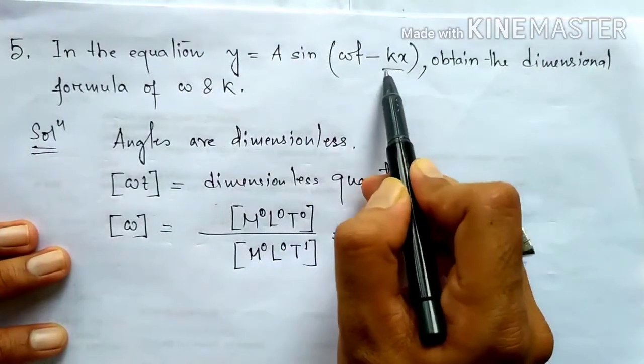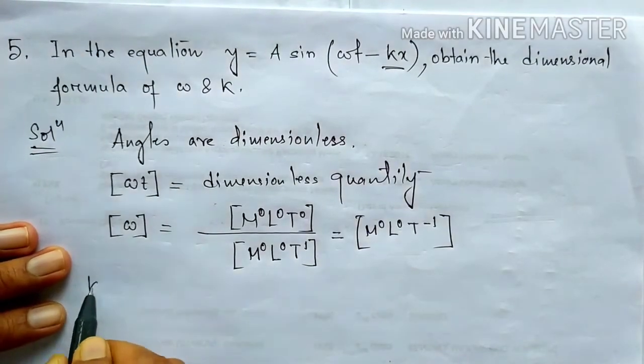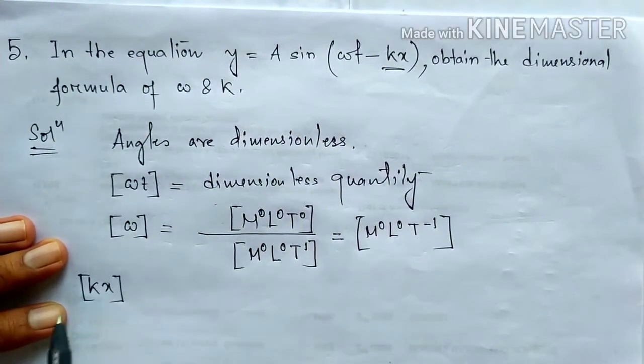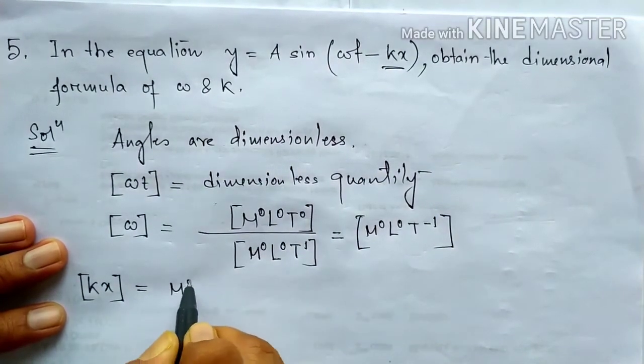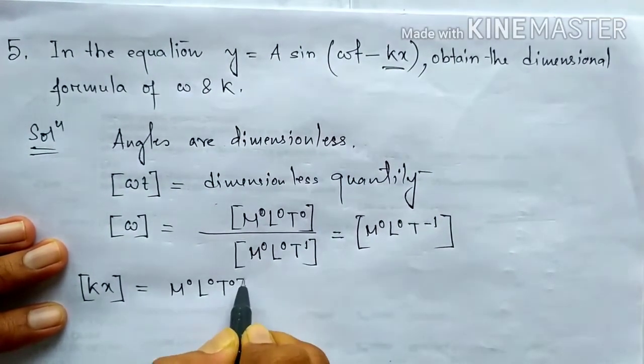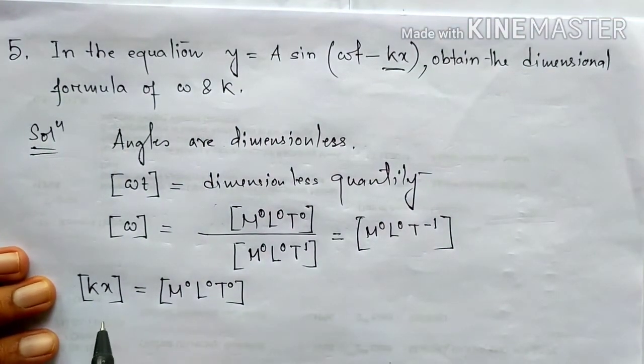Now similarly, if you see kx, kx as a whole will be dimensionless. That means I can write M to the power 0, L to the power 0, T to the power 0. So what is the dimension of k?